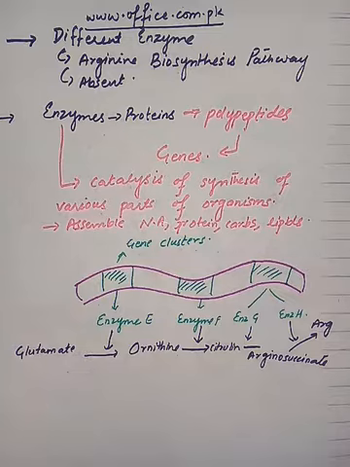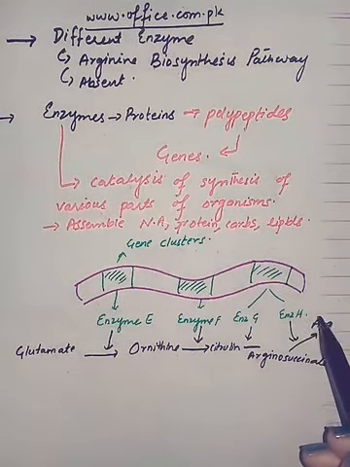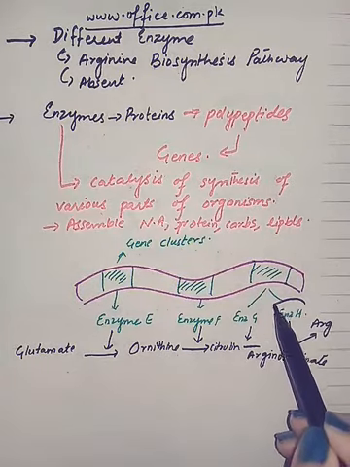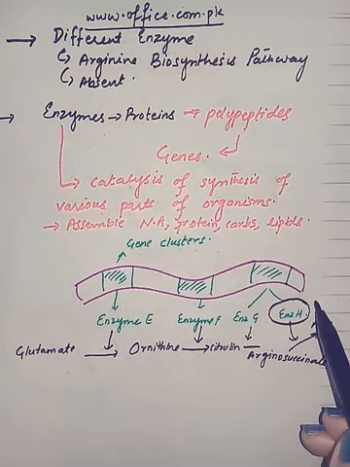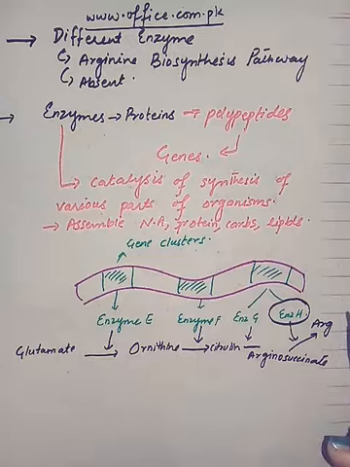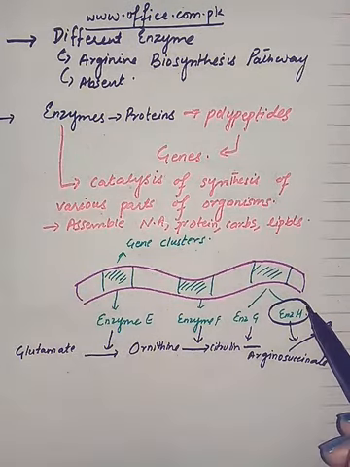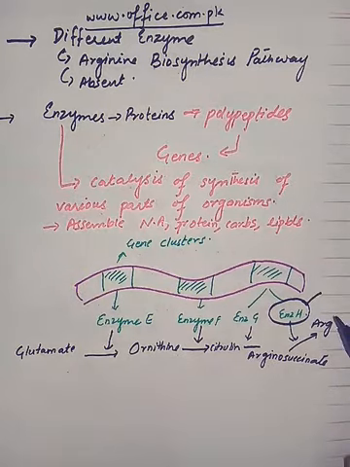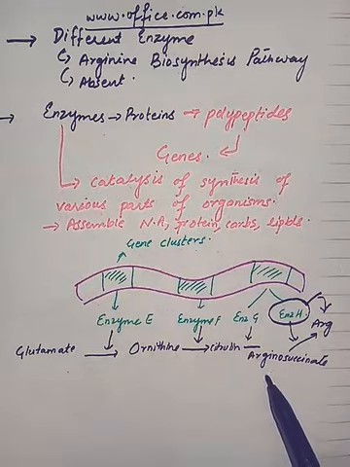Now Beadle and Tatum, they concluded that the mutant Neurospora could not grow on the minimal medium because it was deficient in this enzyme, because this enzyme is involved in the synthesis of arginine or conversion of arginosuccinate into arginine.